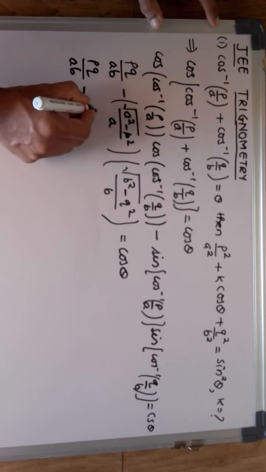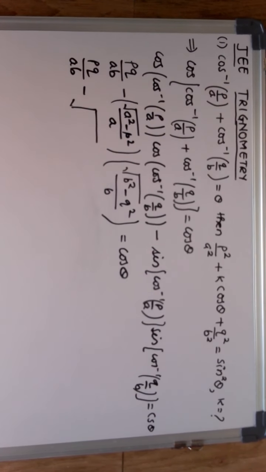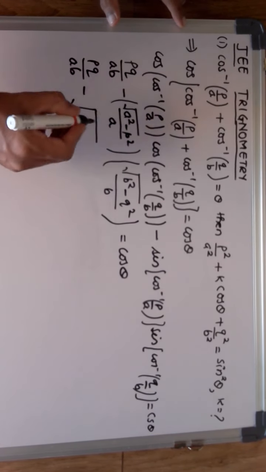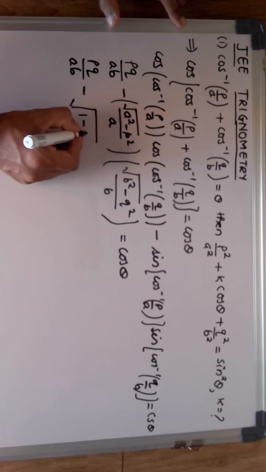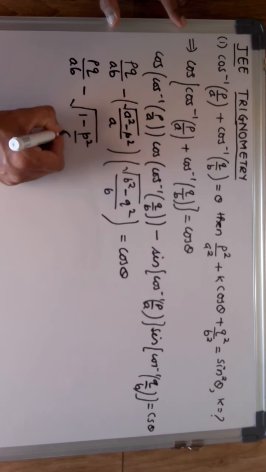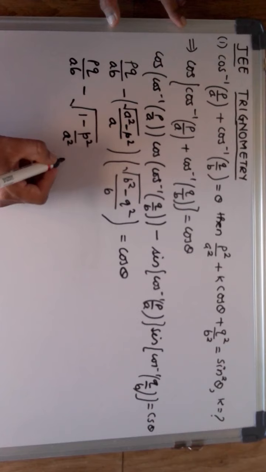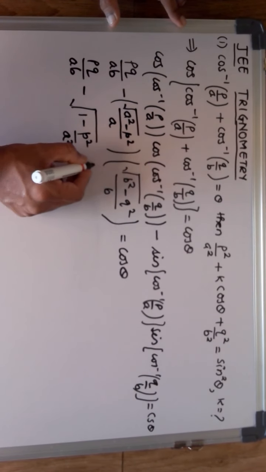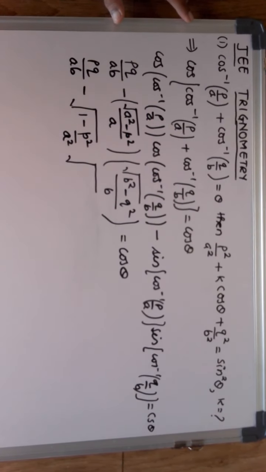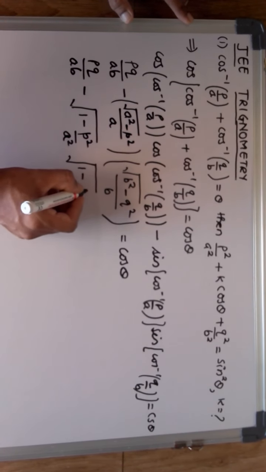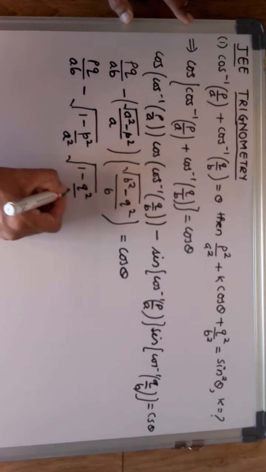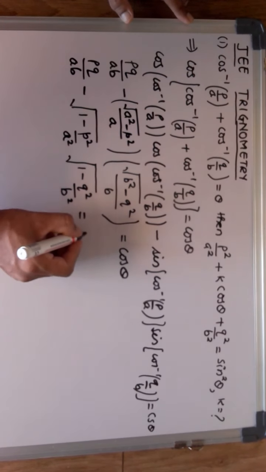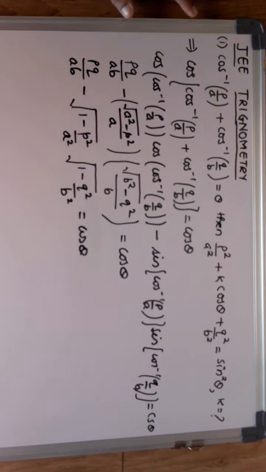That means this will become under root A square minus P square upon A square. Separating it, I get A square upon A square, that is 1 minus P square upon A square. Agreed? And this again will be B square inside, so this will become 1 minus Q square by B square. Agreed? This is your sin theta factor.